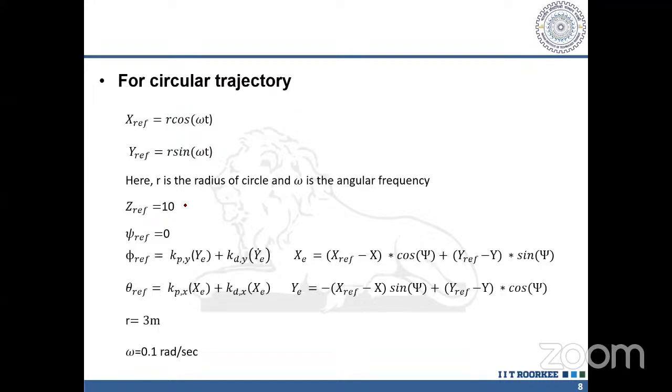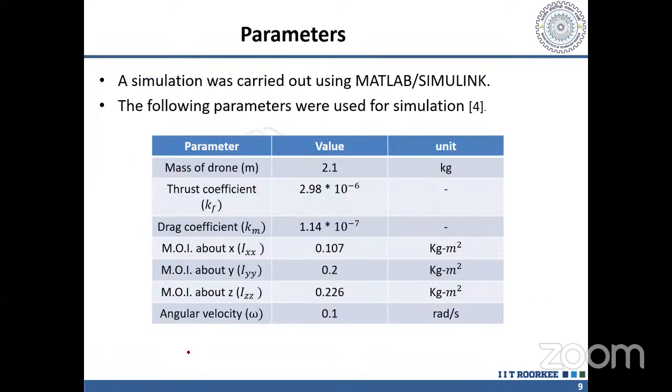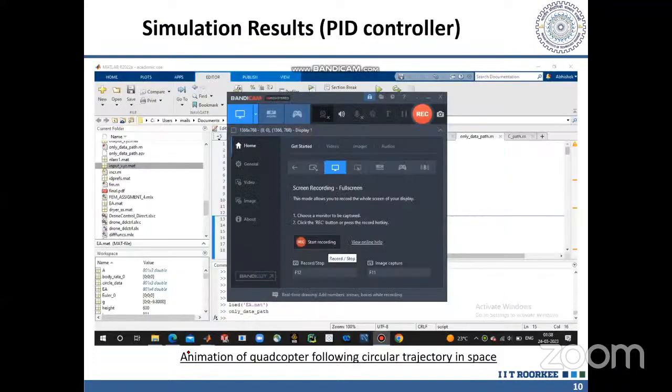Continue with this UAV dynamic, UAV system. So here R is the radius of that circle where the UAV will move. R is 3 meters we are taking here, and omega is 0.1 radian per second.